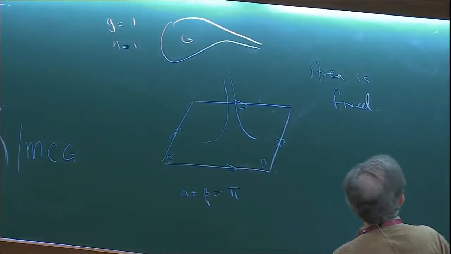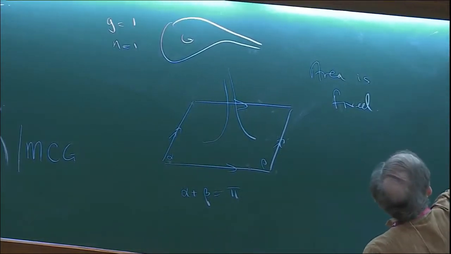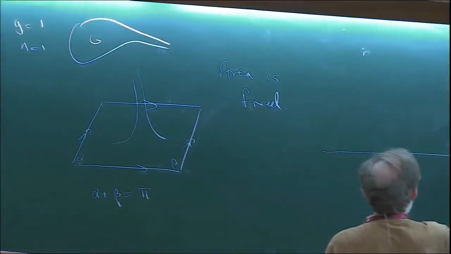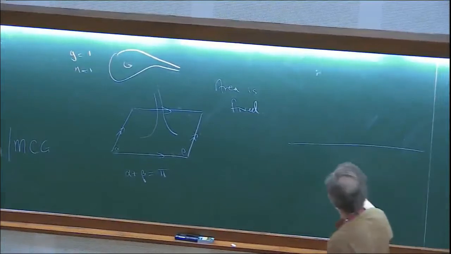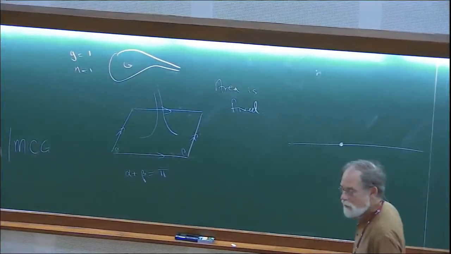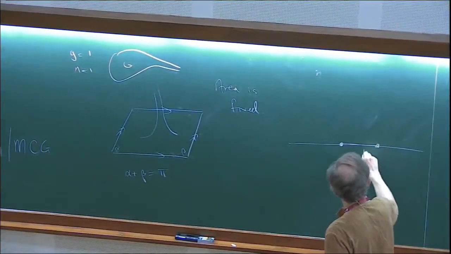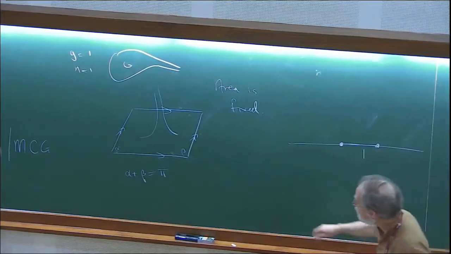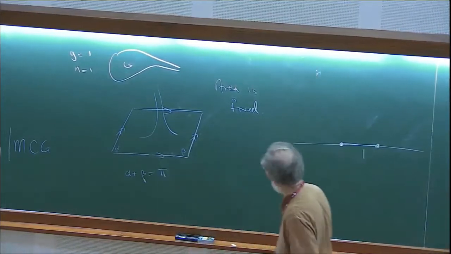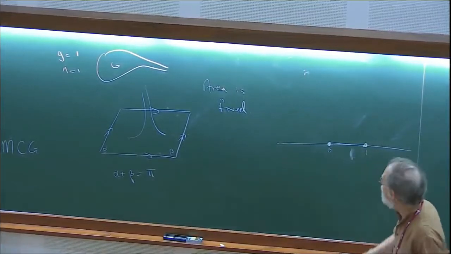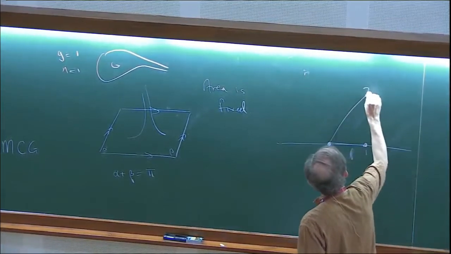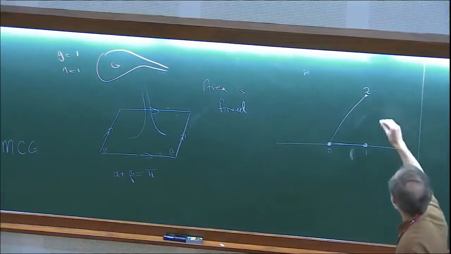So then I can draw a picture of all the possible lattices I can draw. I can fix a base point. I can assume that, say, this bottom side goes from 0 to 1, and then the other corner goes to z.